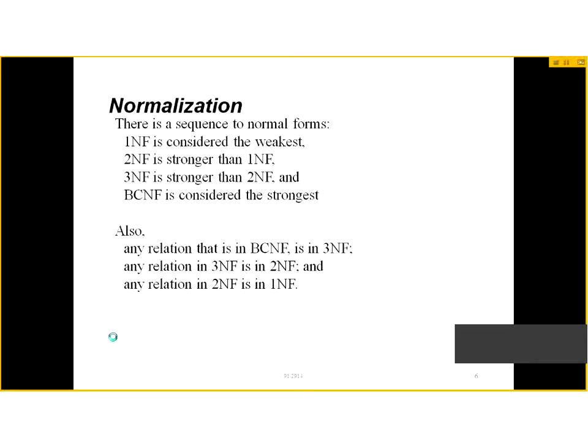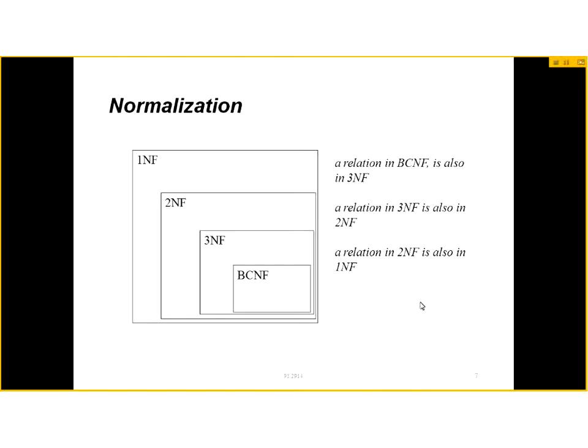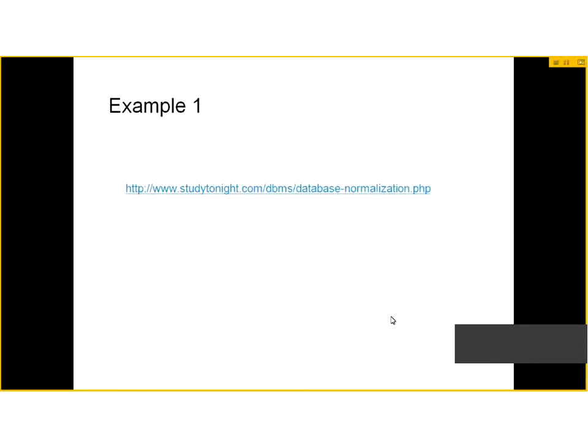First normal form is considered the weakest, second is stronger than 1NF, third is stronger than 2NF, and BCNF is considered the strongest one. If any relation is in BCNF, it means it is in 3NF, 2NF, and 1NF as well. Because if your database is in 3NF, it is already in 2NF and 1NF. So it appears like this.